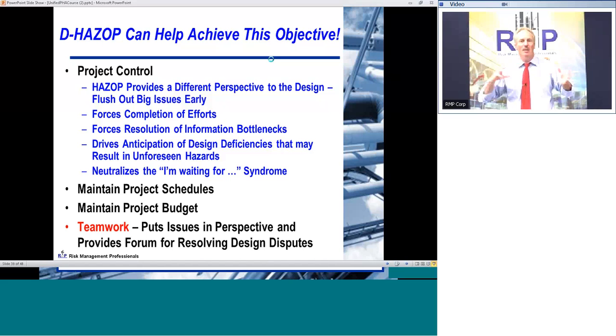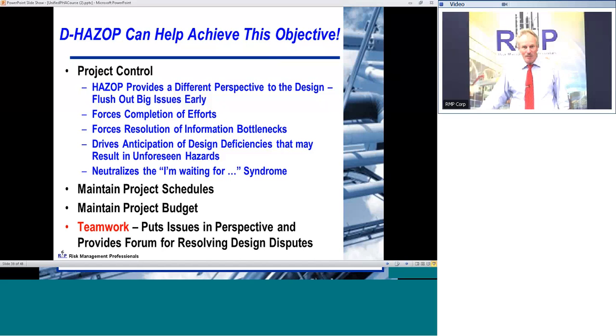So it neutralizes this, oh, I'm waiting for so-and-so, and then everybody's waiting for everybody else and nothing gets done. So it helps support maintaining project schedules and project budget, and this teamwork approach helps put issues in perspective and helps provide a platform, a forum for resolving design disputes and problem solving and decision making.